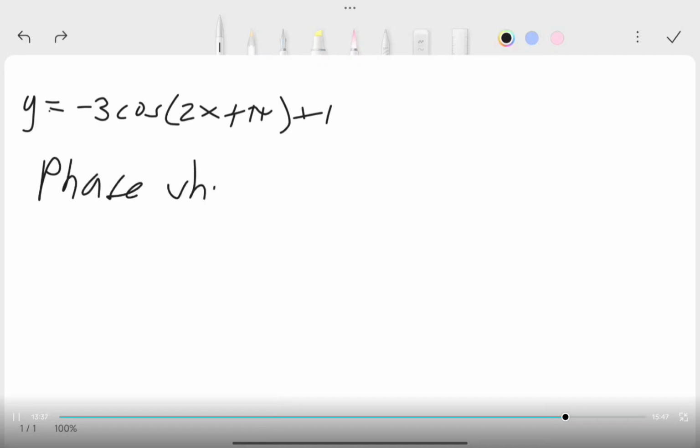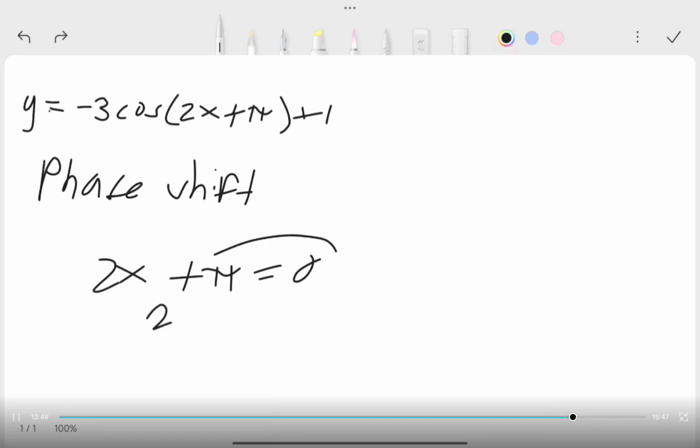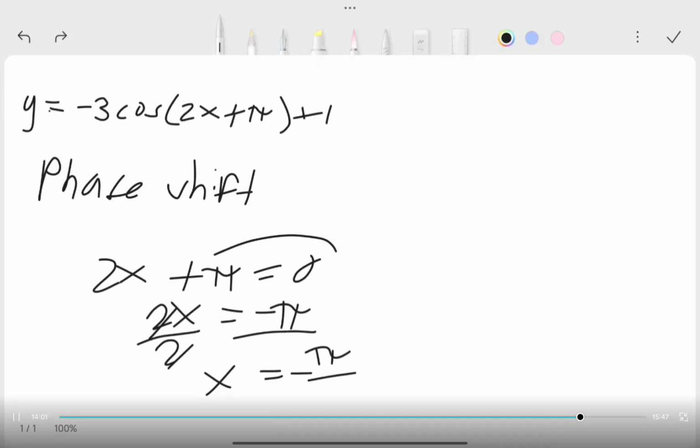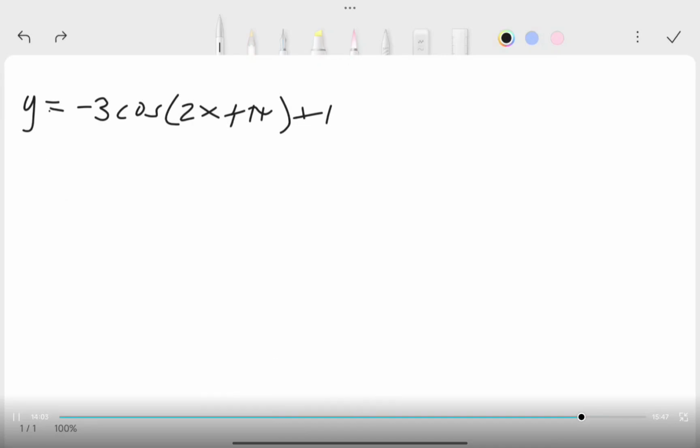So next is the phase shift. Our phase shift is 2x plus pi is equal to 0. So transpose the positive pi into negative pi. So 2x is equal to negative pi. And divide both sides by 2, so x is equal to negative pi over 2.